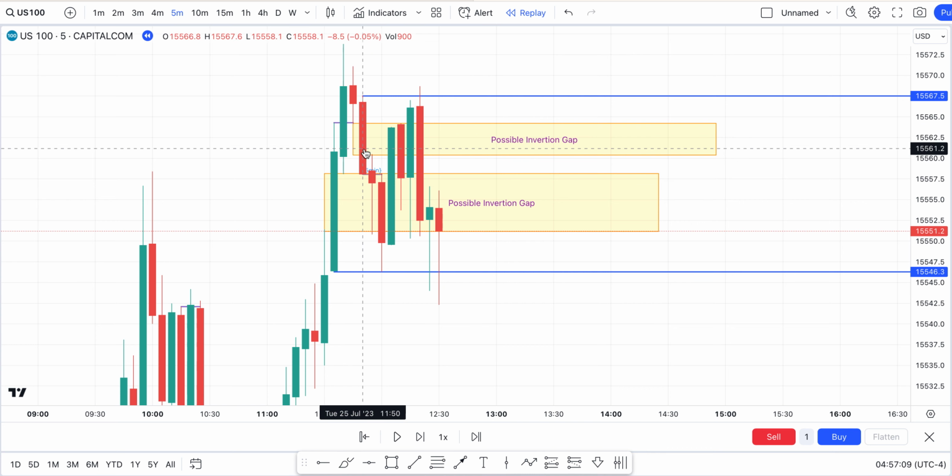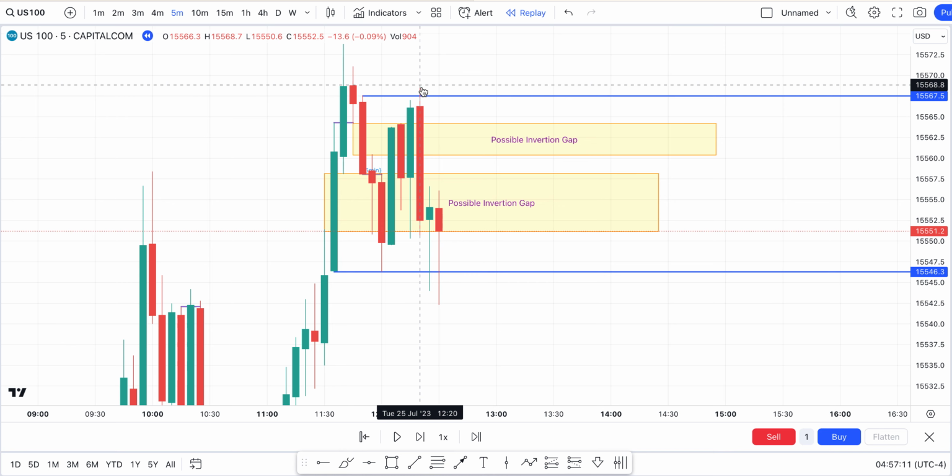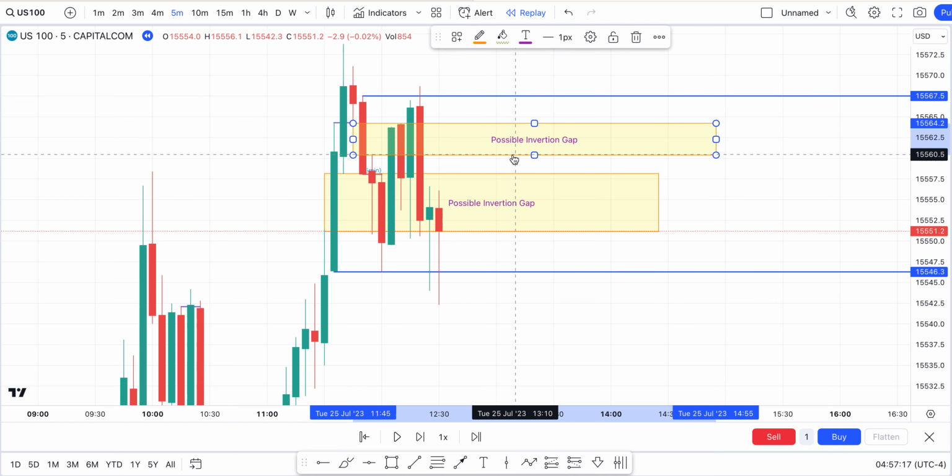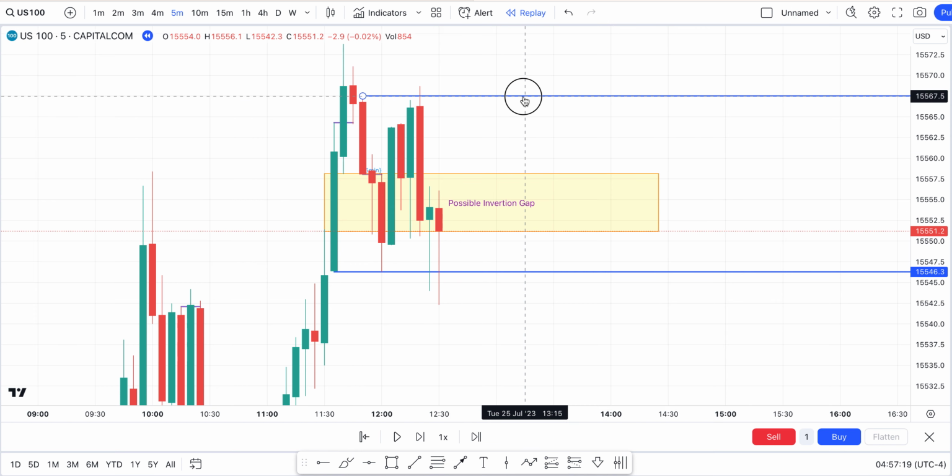And this has been activated, invalidated, because it went below the low. So this is removed, not of importance.